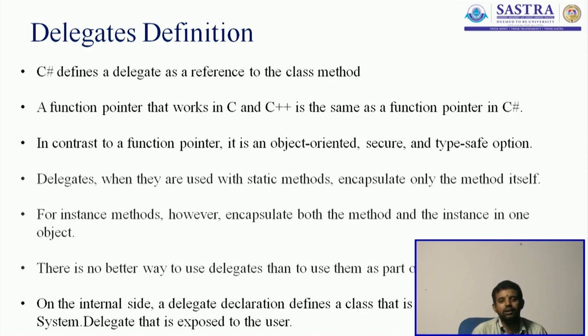In the sense, it is not available as explicit, like how we were doing with C as well as C++. Why I am saying it has been removed as explicit alone? If I am saying it is not explicitly available, that means it is implicitly available. You may think, how am I saying the implicit usage of pointers is available?